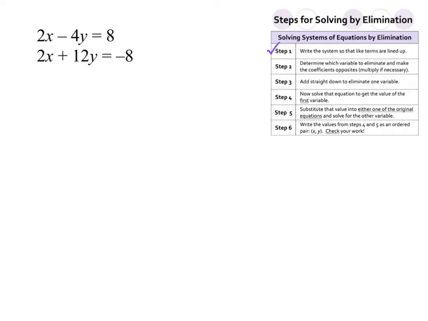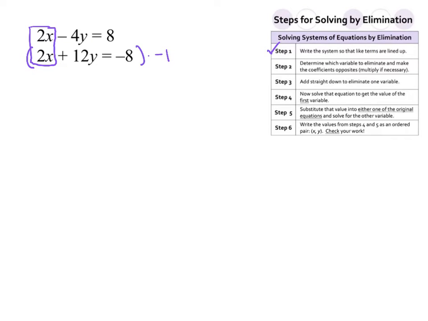Well, it jumps out to me that the x's are both 2x. I need them to be opposites, though, so I need one of them to be negative 2x instead. I'm going to pick one equation and multiply it by negative 1 so that it changes all of the signs. I'm going to do my second equation.